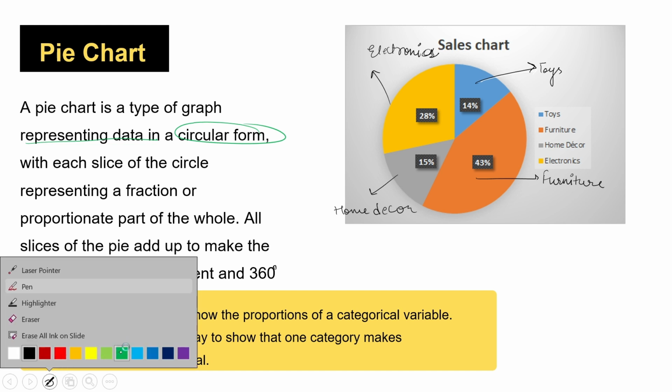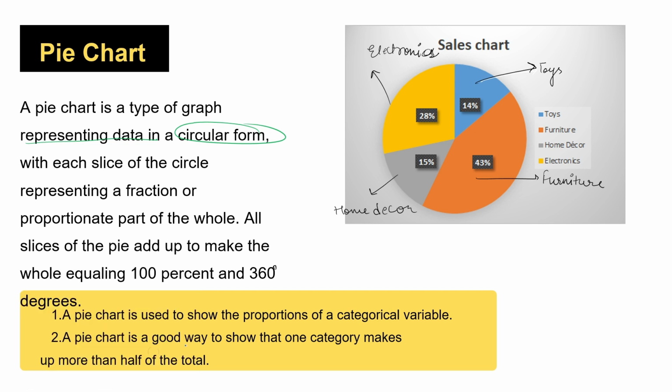Now suppose we have a circle, a pie chart you can say, and it is divided into 4 equal parts, and each part has a 25% contribution. If we add all of them, it gives me 100%. Similarly, if we add all the percentages, I will get 100%.